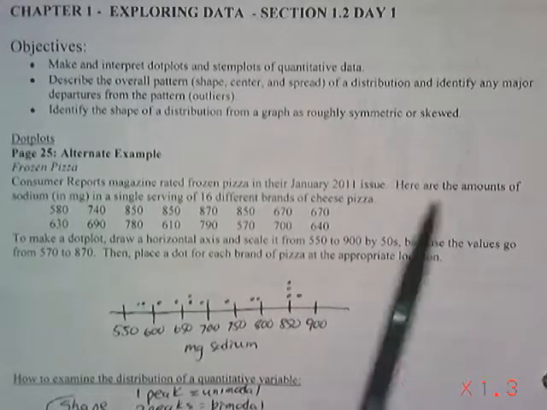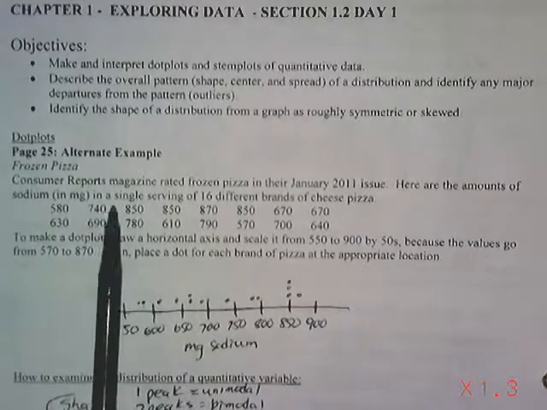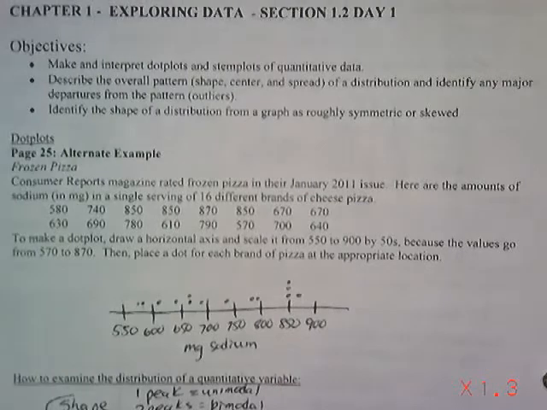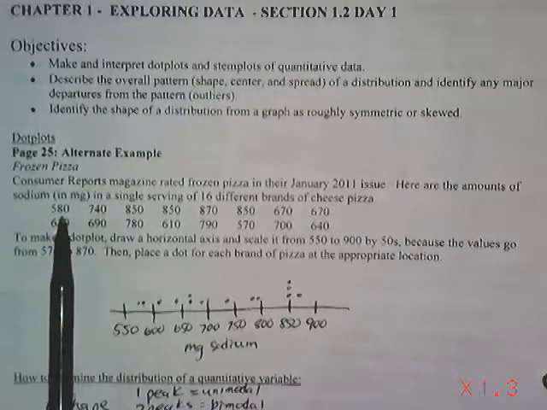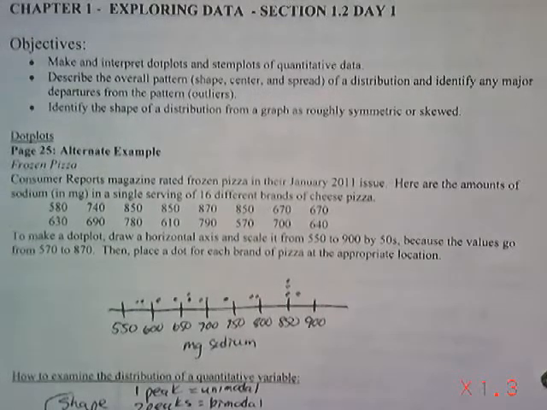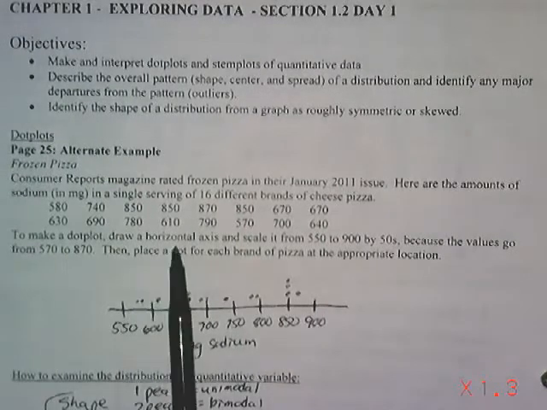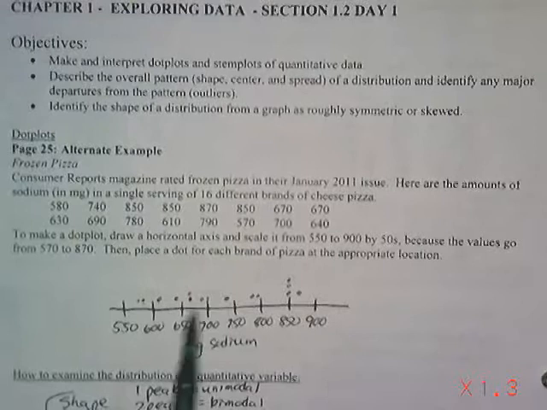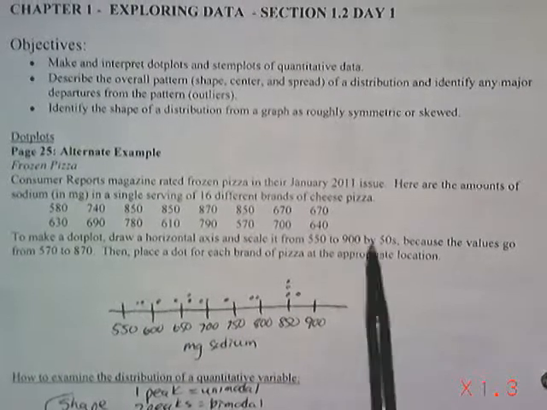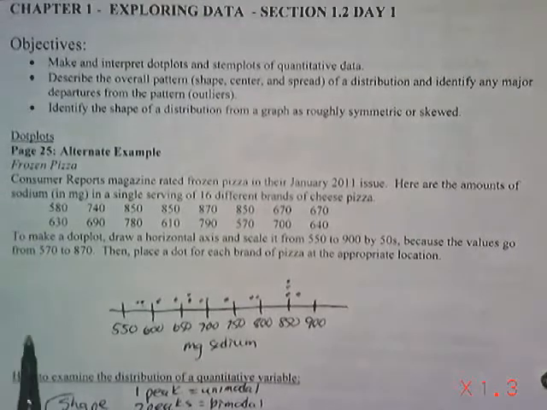Now to make a dot plot, we're going to draw a horizontal axis as we have here, and we're going to scale it from 550 to 900 by 50. That's because our lowest was 570 and our highest was 870, and so we went a little bit outside of that to get our range here.